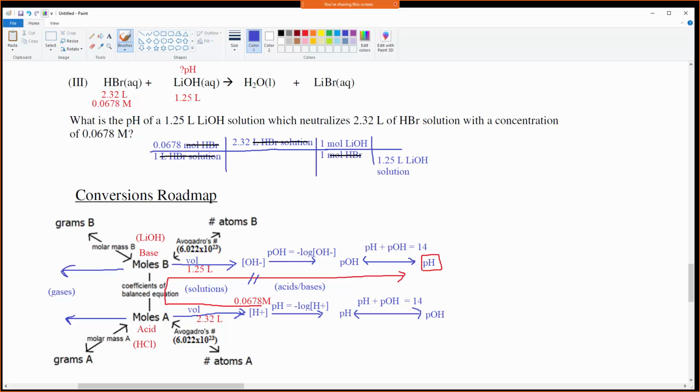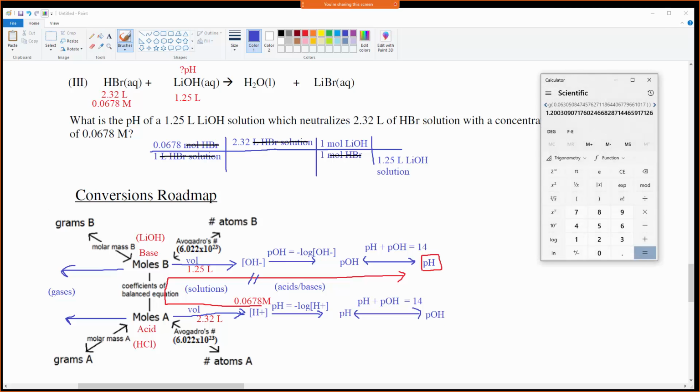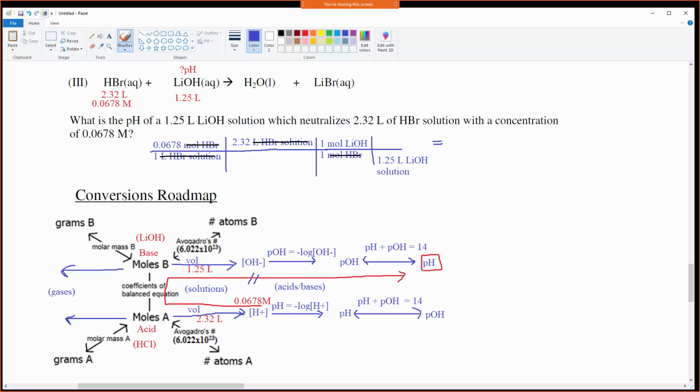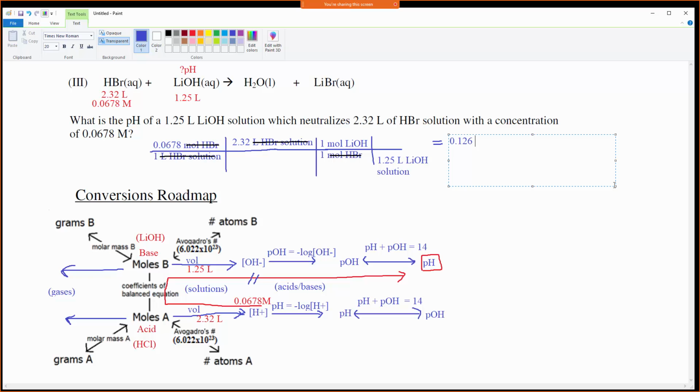Moles per liter: 0.0678, multiplied by 2.32, divided by 1.25, and I get a 0.126 molar LiOH solution. Is that what you guys got? Okay.